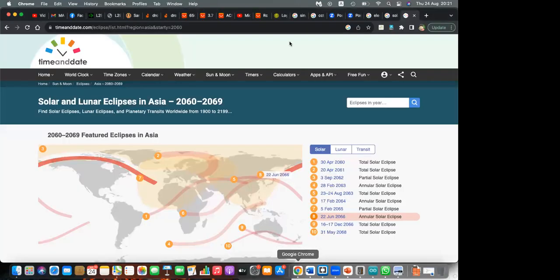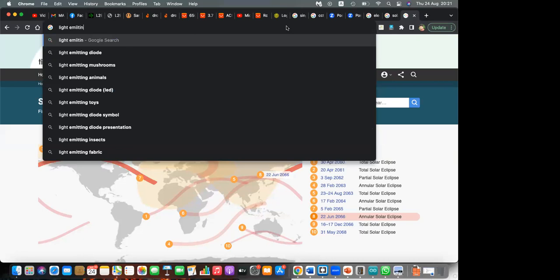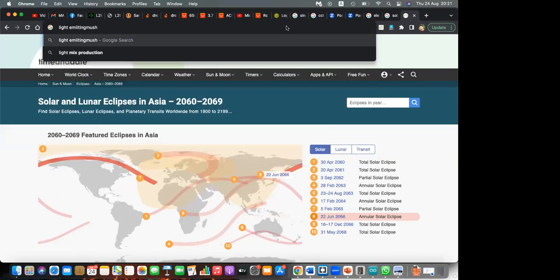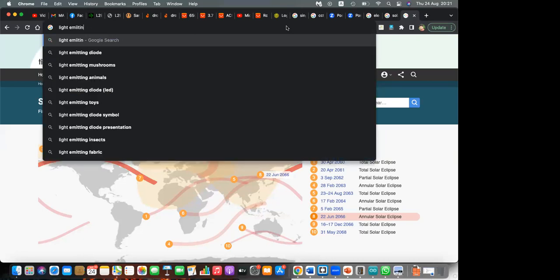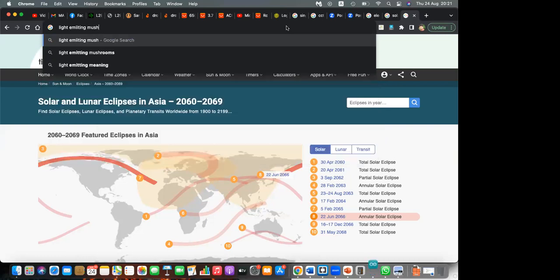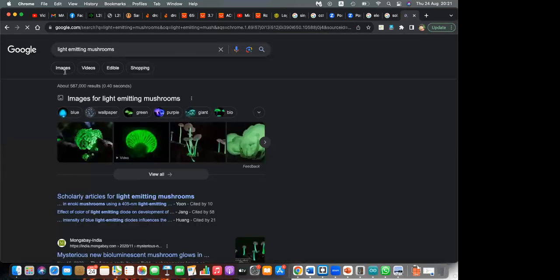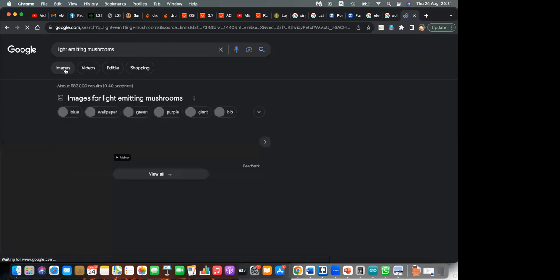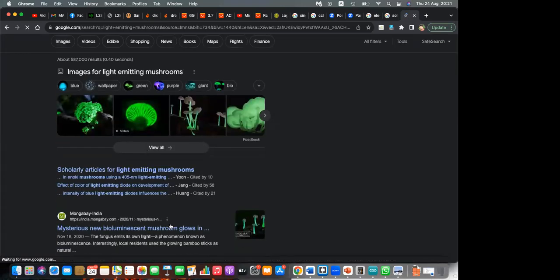These are natural mushrooms, light emitting mushrooms. So these are real. There are artificial ones also, but these are real.